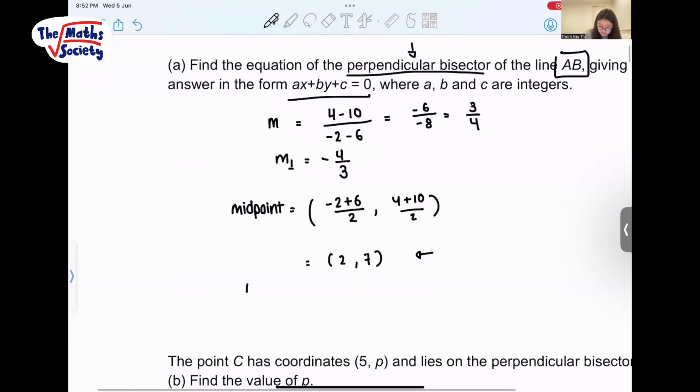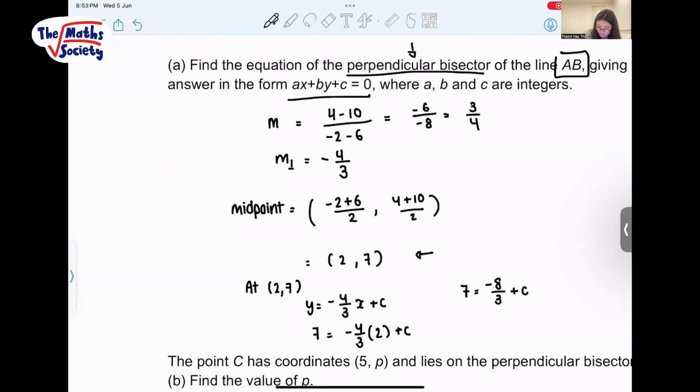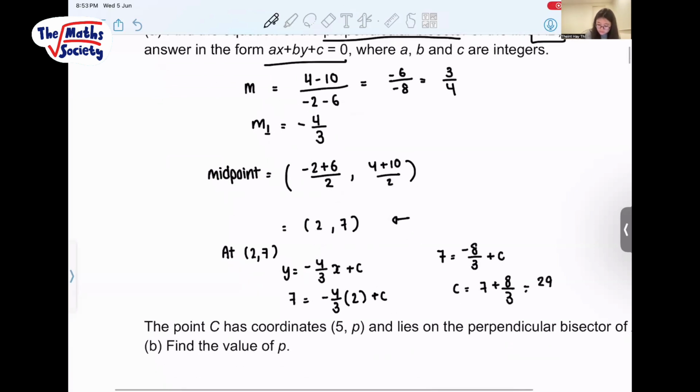So at the midpoint (2, 7), you have y equals -4/3 x plus c, right? So we have 7 equals -4/3 times 2 plus c. So it should be 7 equals -8/3 plus c. So c is going to be 7 plus 8/3, which is 29/3.